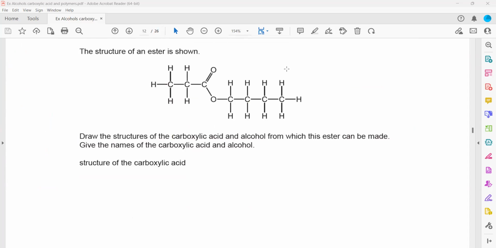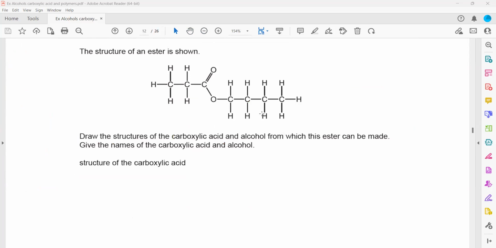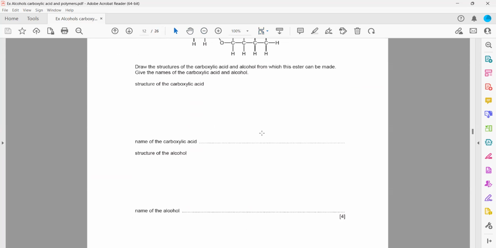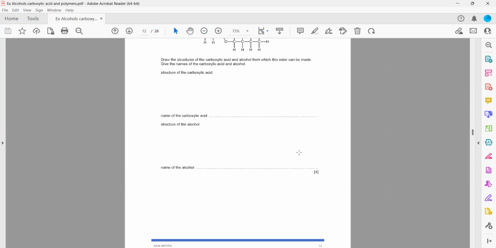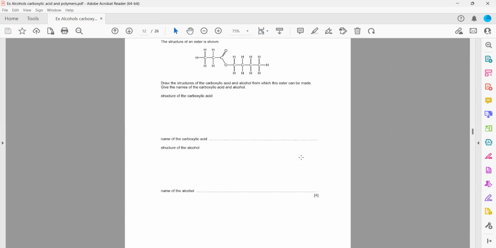So this was butyl ethanoate, butyl propanoate. We will draw propanoic acid. We have to draw both the acid and the alcohol.